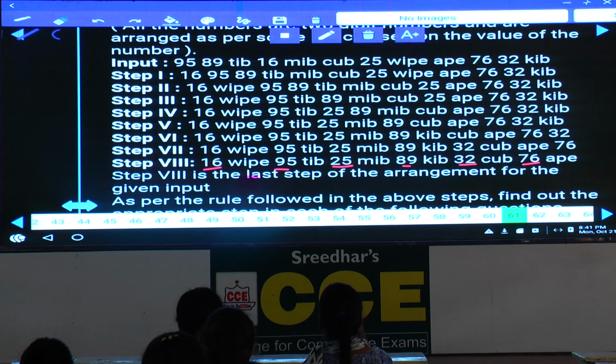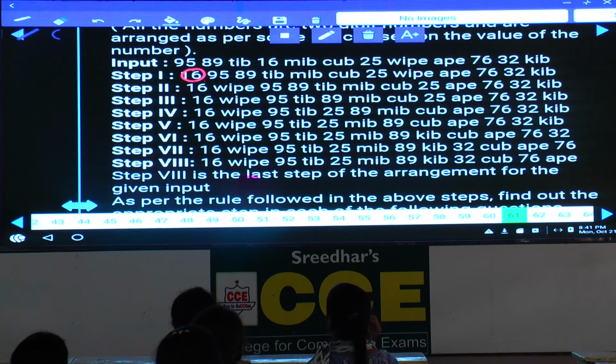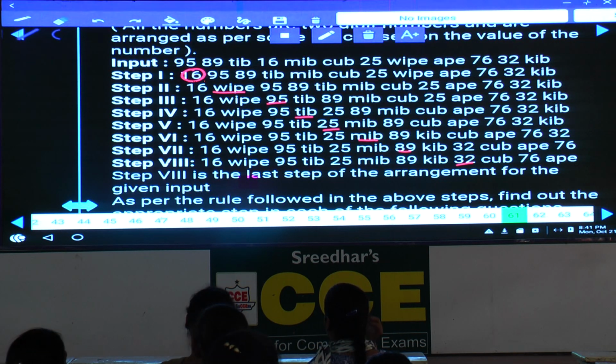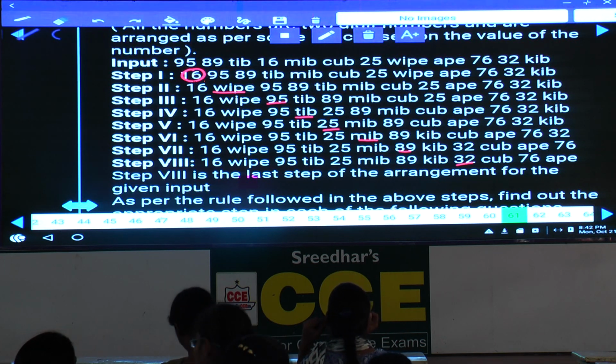At the same time, the words are in descending order. The least number is arranged at the first place, then the highest word, next the highest number, then the previous word, then the next highest number, the second least number. After this second least number comes the word, next the second highest number, then the third least number, the third highest number, and so on. Done? Now this is about questions 61 to 65.